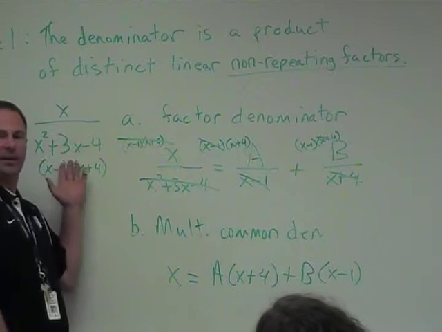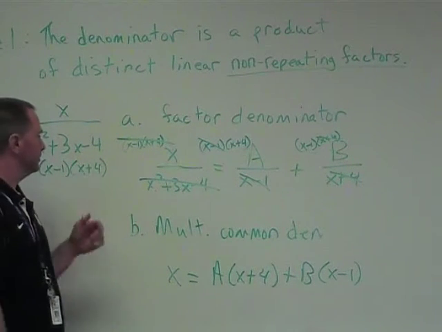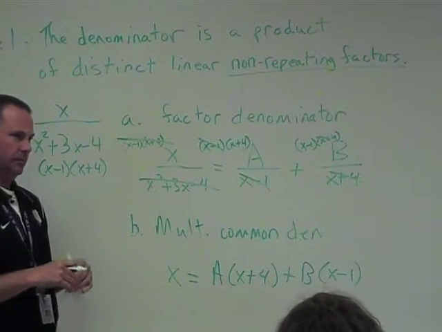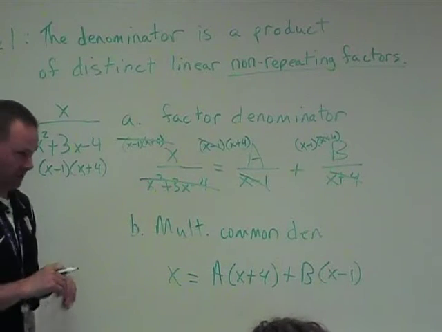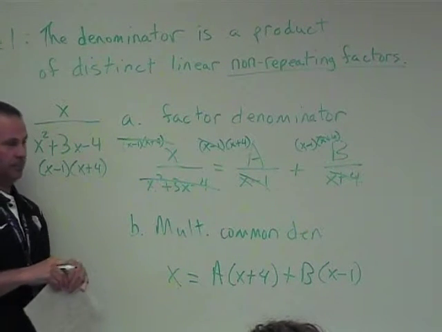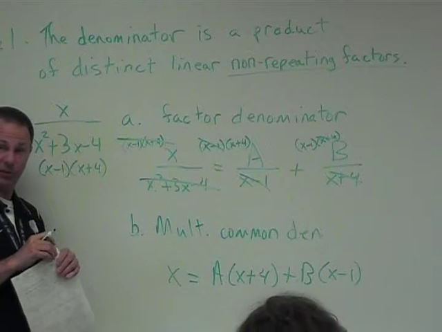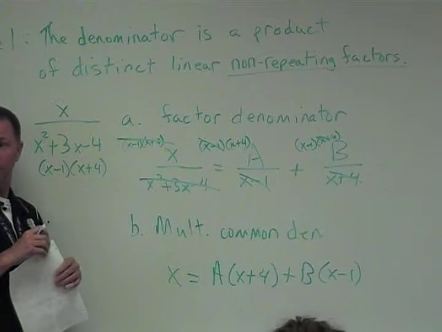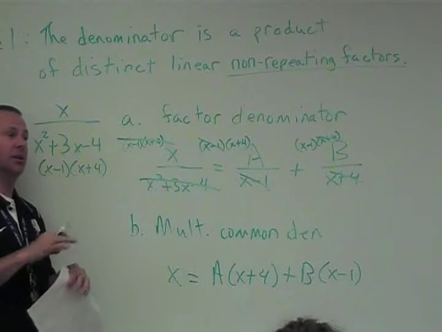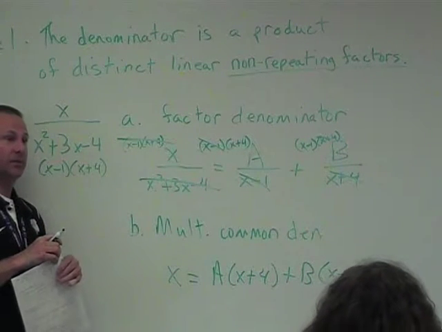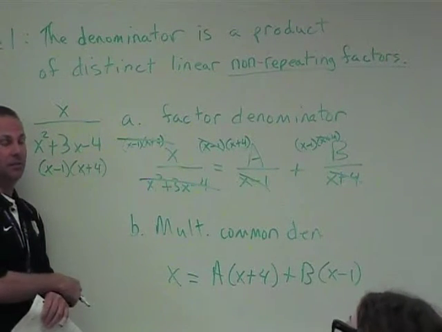All right, so let's review real quick. Step 1, find the factors. Now you guys remember, you got a final exam coming up. There's lots of different ways to find factors. Long division, synthetic division. You're not going to do that today. Just giving you a heads up.